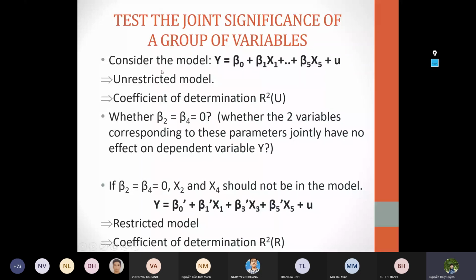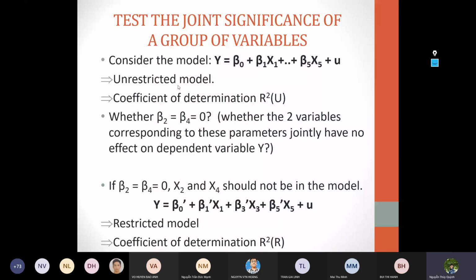Now let's consider the model here. We have 5 independent variables in the model, that is x1 to x5. We use x1, x2, x3, x4, and x5 to explain the value of the dependent variable y. And we call this one the unrestricted model.